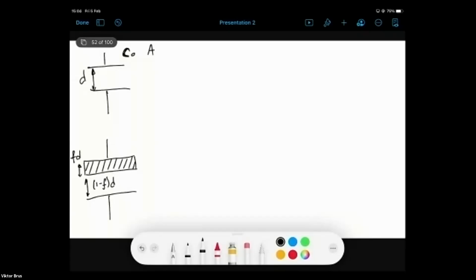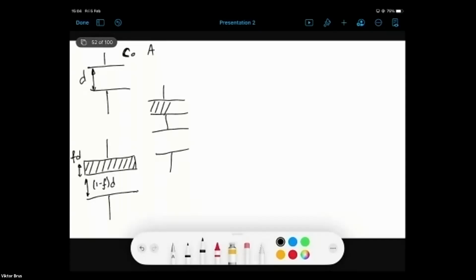So we can represent this partially filled capacitor as two capacitors connected in series. This will be capacitor 1, capacitor 2.